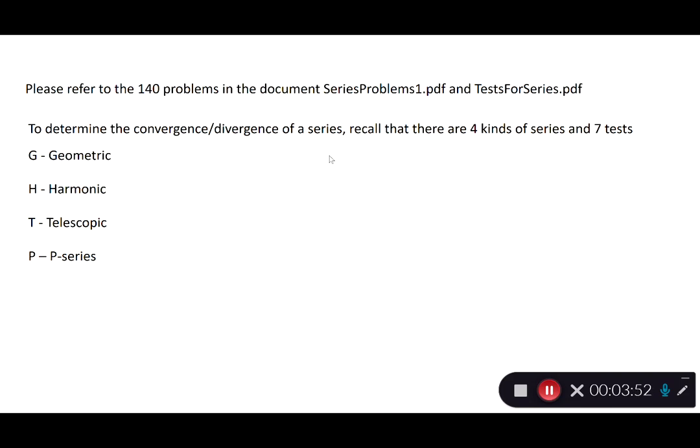P series, for example, sigma 1 over n squared. Does that converge? Yeah, it does, because it's a P series. And why do we call it a P series? Because it's in the form of sigma 1 over n to the p. Here, the P series test tells us that if you have a P series and p is greater than 1, that series converges.